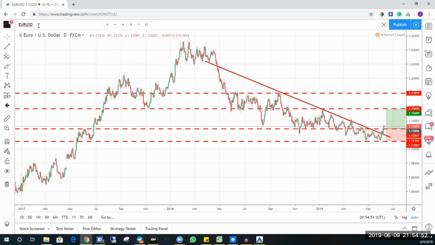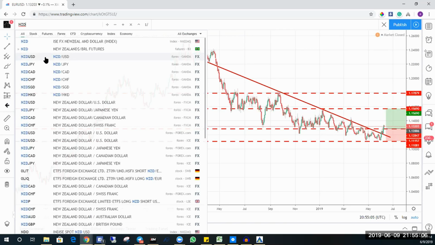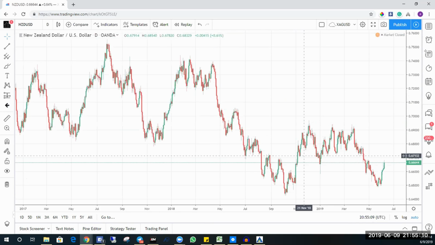The New Zealand dollar pair. So let's look at the New Zealand dollar. Remember the sentiments for the New Zealand dollar are expected to go short in the very short term. So let's see, NZD USD. Currently this is a bullish run on the daily time frame.